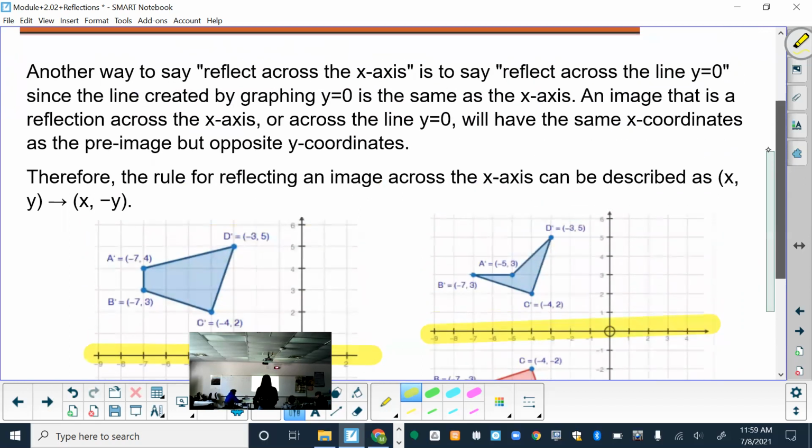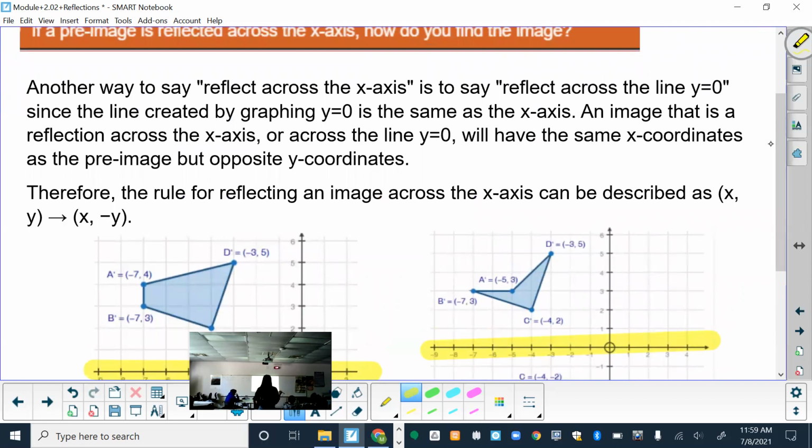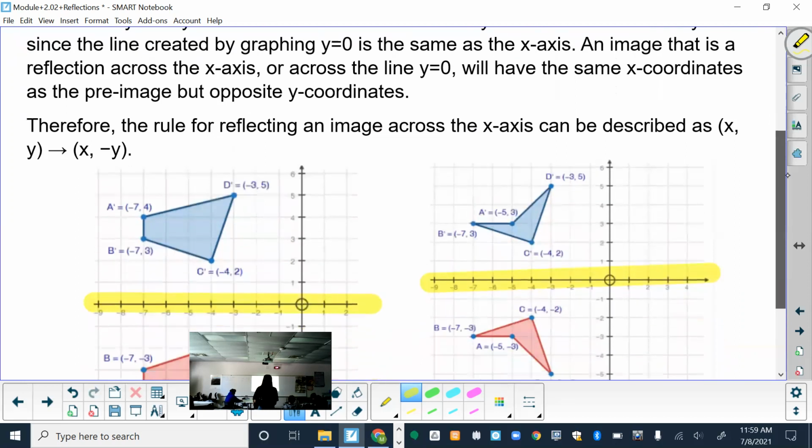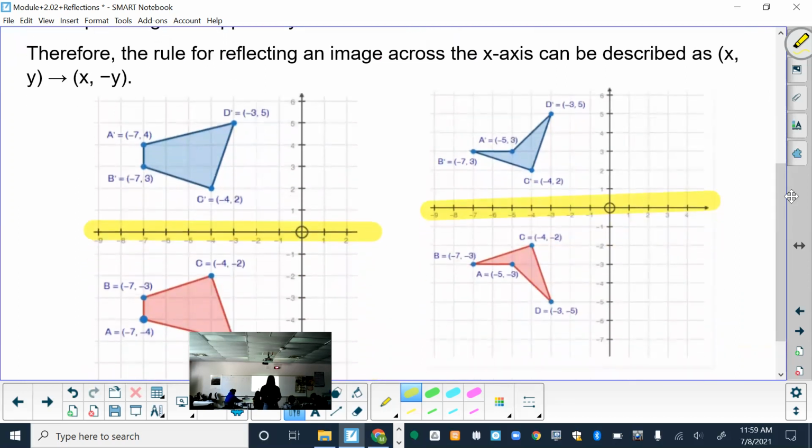Make sure we're looking at the right axis to use the right rule, because we're just flipping it across the x-axis, so the x values should still be the same. Like if looking at this pointy one, C to C prime, they have the same x values. But notice that the sign on the y values changes because you're going to a different side of the axis. The x values stay the same.